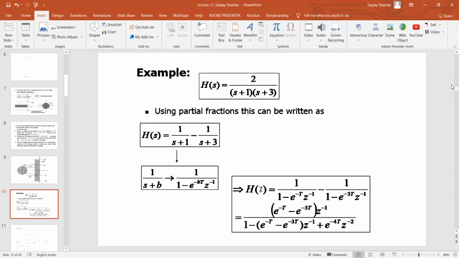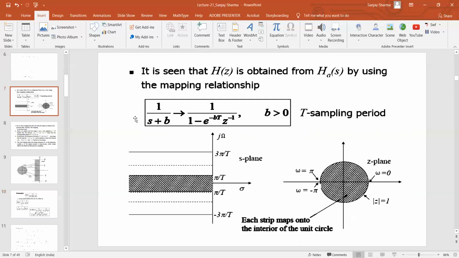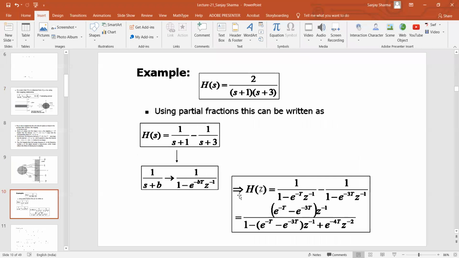And using the same transformation, 1 over s plus b in the analog domain goes into 1 over 1 minus e to the power minus bT z to the power minus 1 in the digital domain, I can convert this. Here b is 1 in the first term, and in the second b is 3.